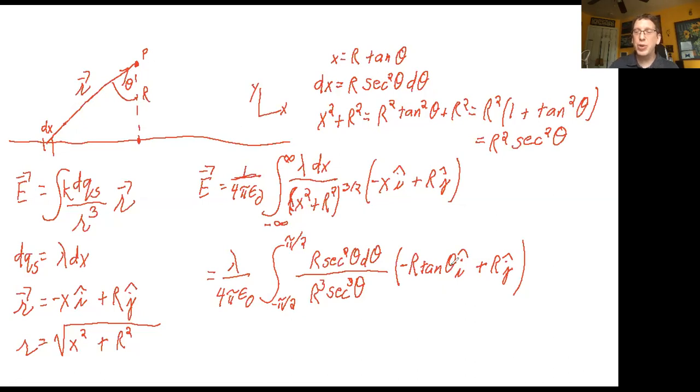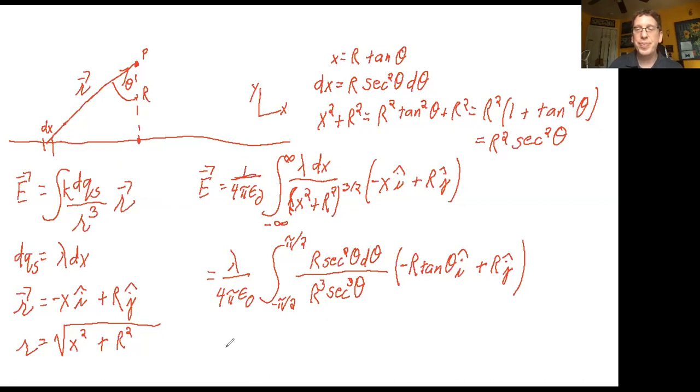So you can evaluate this integral in the i hat direction, but you're going to get 0. But every point has a component that points upward. So the upward components are going to add together.